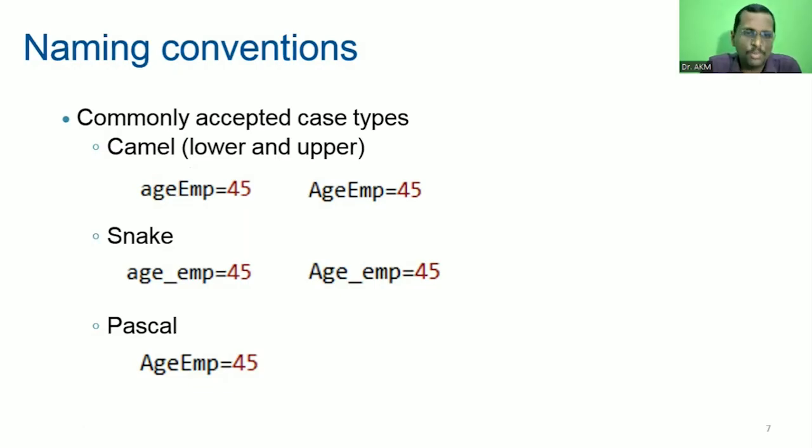It is acceptable. Age underscore EMP, similarly, Age underscore EMP. In one case the first letter is a small letter, and in the other case the first letter is a capital letter. It is allowed. Similarly, AgeEMP, with the first letter and EMP in capital letters, is also a commonly accepted case type.